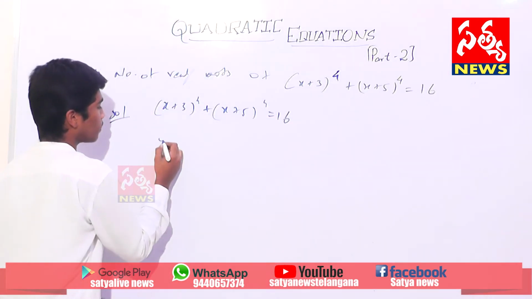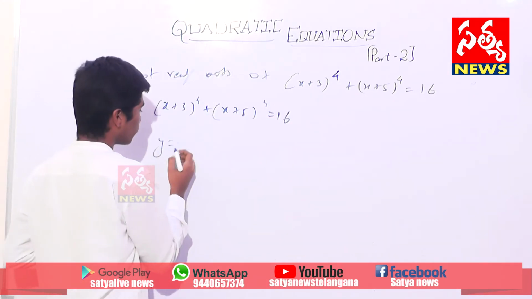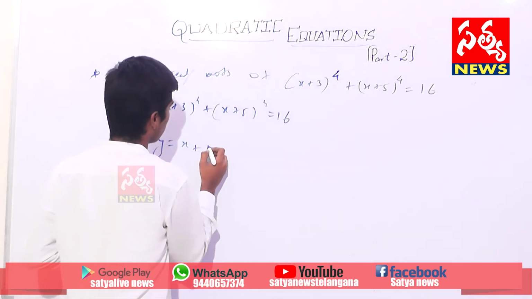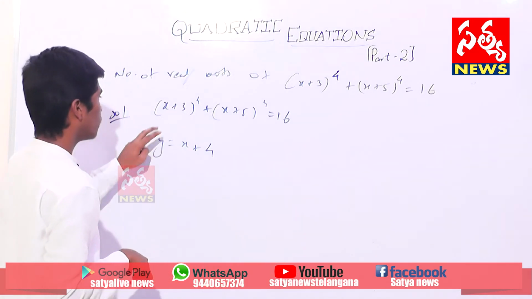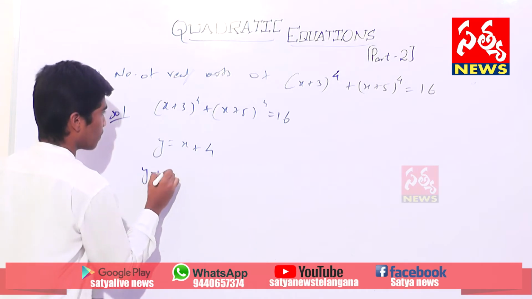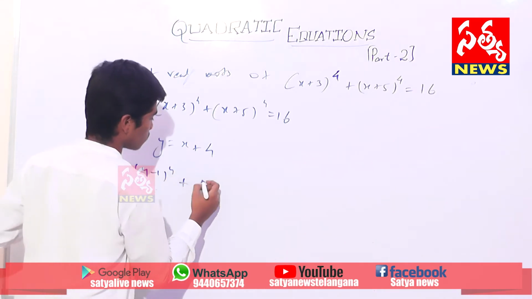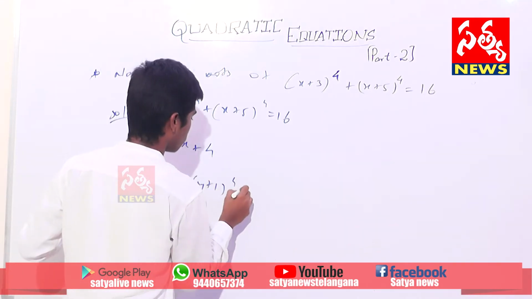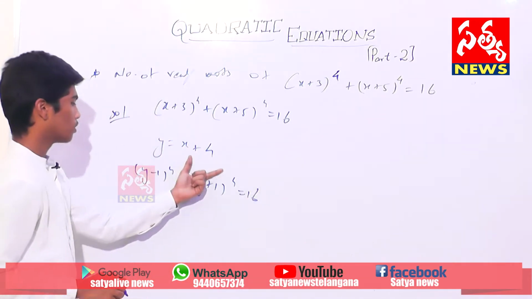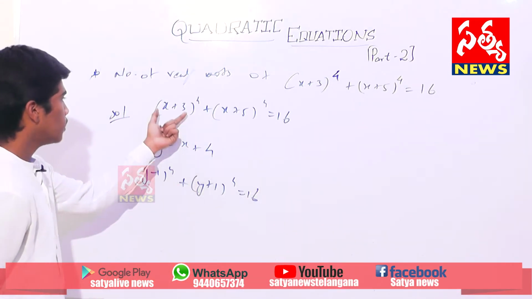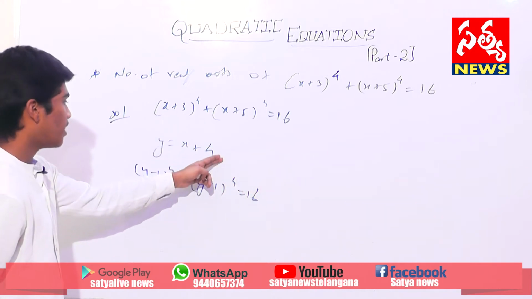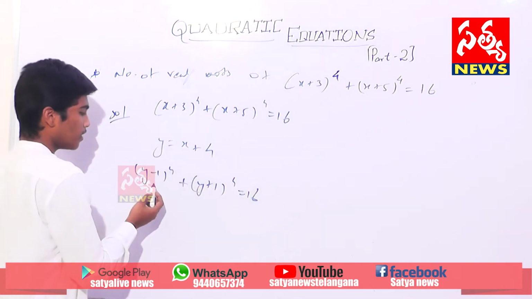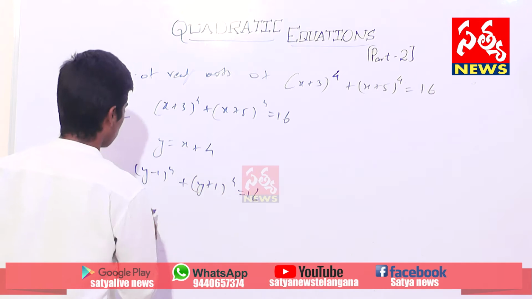For simplifying it, I am imagining that y = x+4, so that here we get (y-1)^4 + (y+1)^4 = 16. See, x+3 is present here, we added 1 and subtracted 1, so that we get y-1.